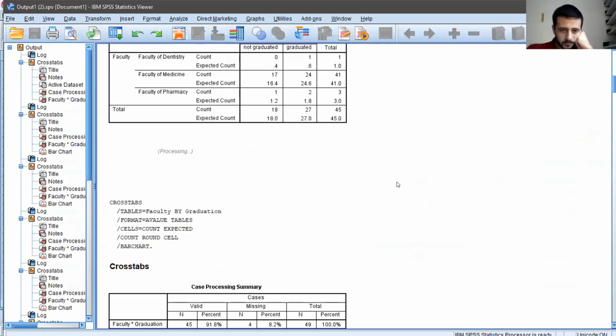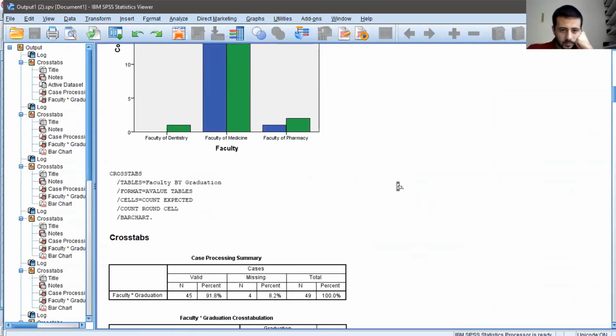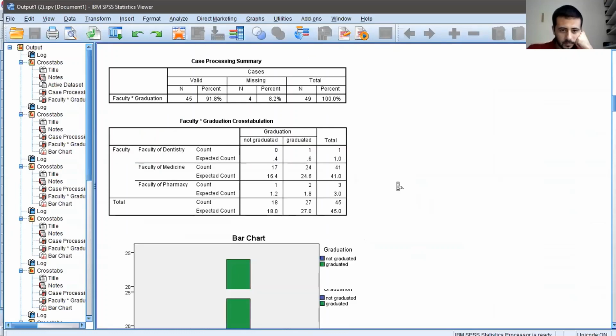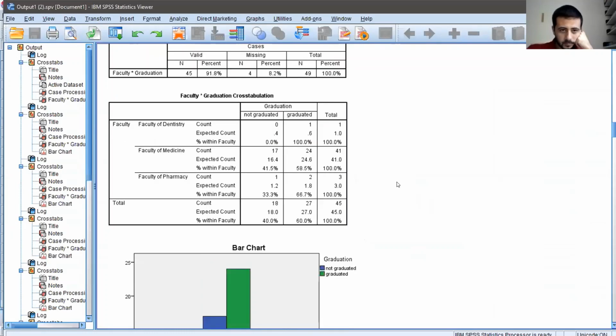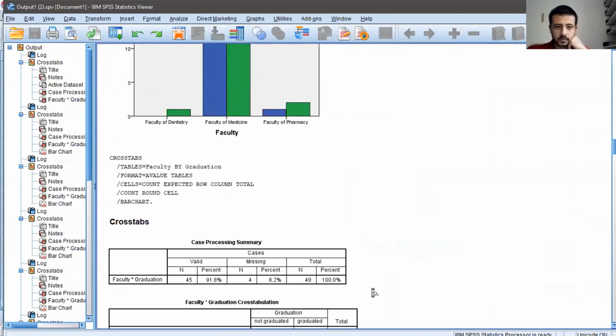Here we have a table of the count. We have the expected count and the percentage. But we don't have a test.